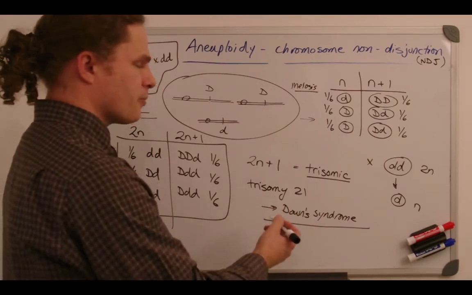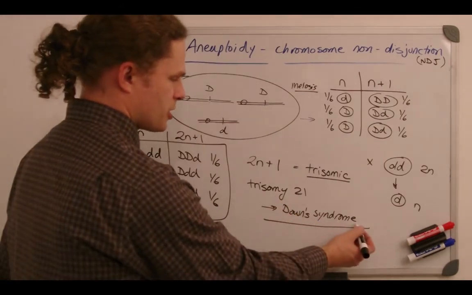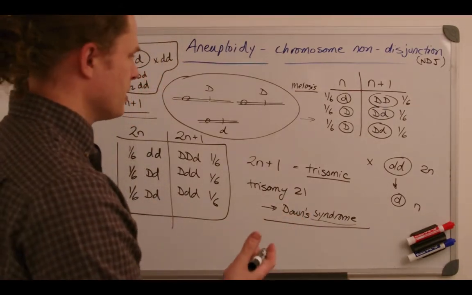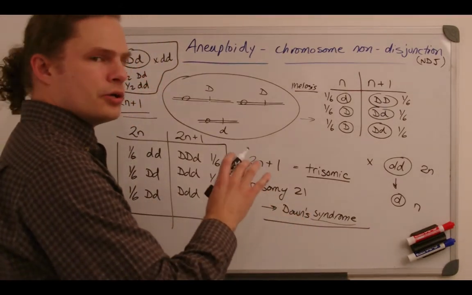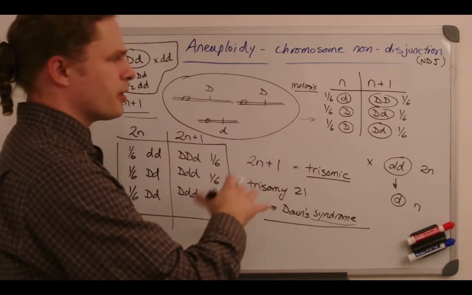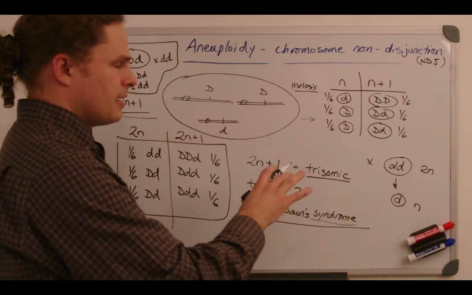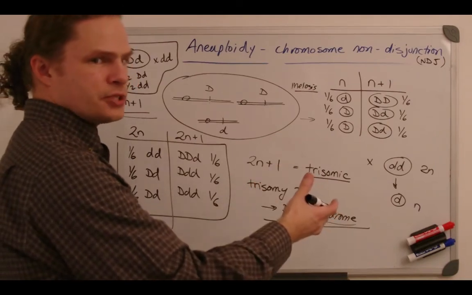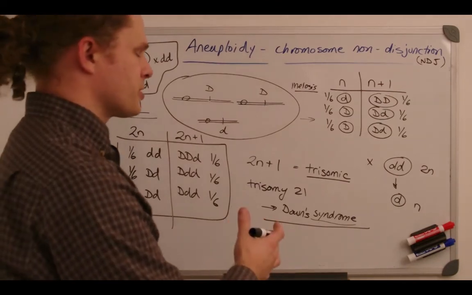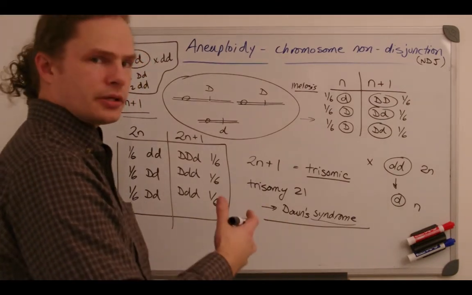Now, the reason why there's a condition, why there's actually a syndrome, has to do with gene balance. We've been talking about the importance of having no duplications or deletions in products of meiosis, and for the most part, in most organisms, extra copies of genetic material or a deletion of genetic material ends with non-functional products of meiosis. But that's not strictly true.